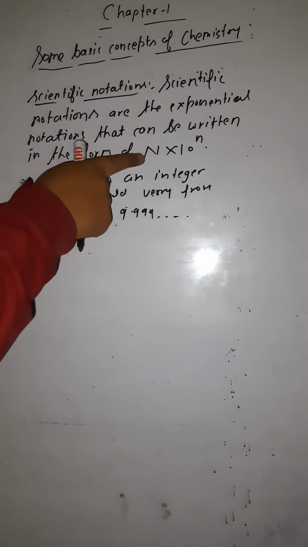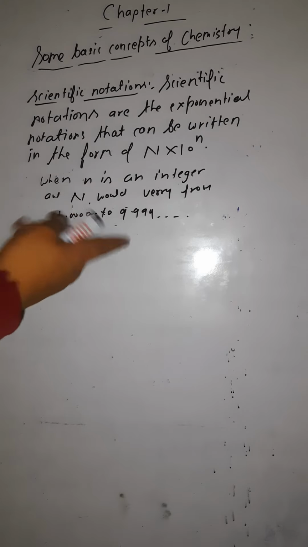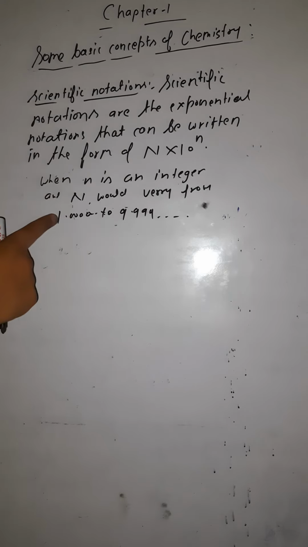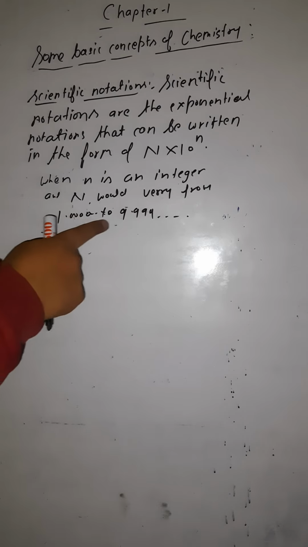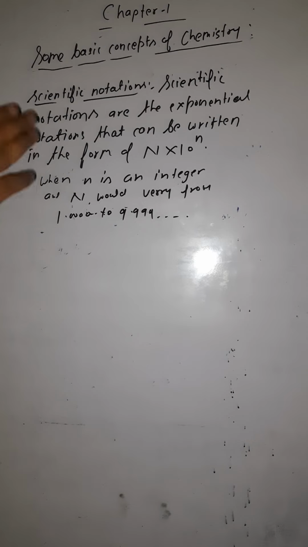It should not be 10 point something or 11 point something, or 0.5 etc. It would take a value like 2 point something, 3 point something, 4 point something, 5 point something. Are you getting this? So N would take the value between 1.000 to 9.999.